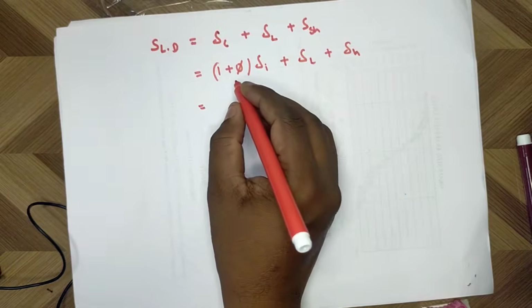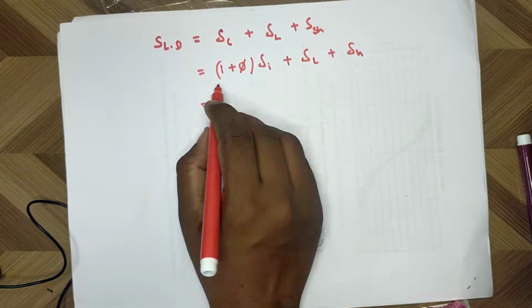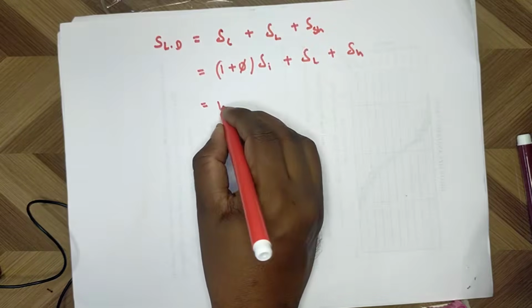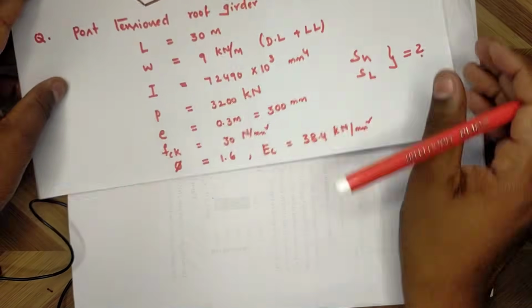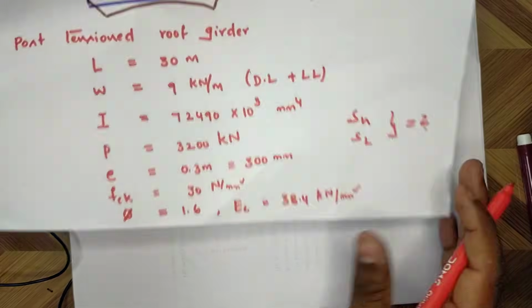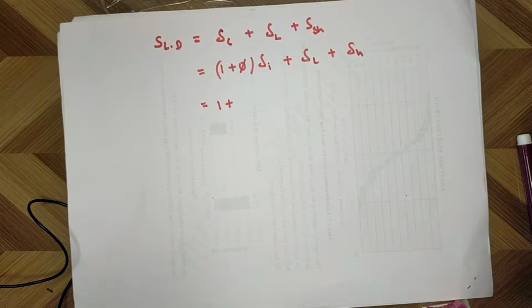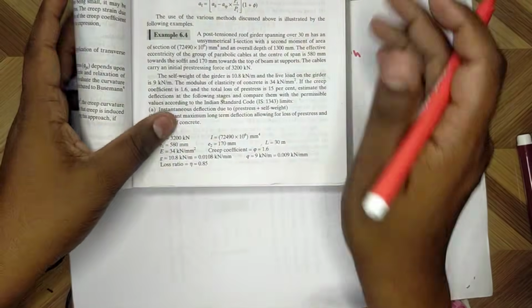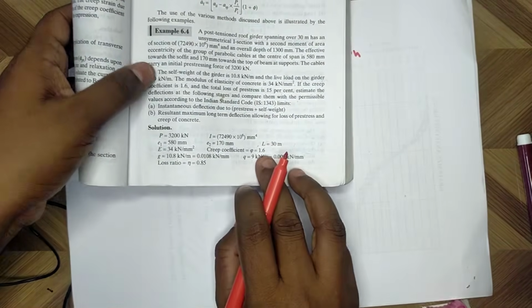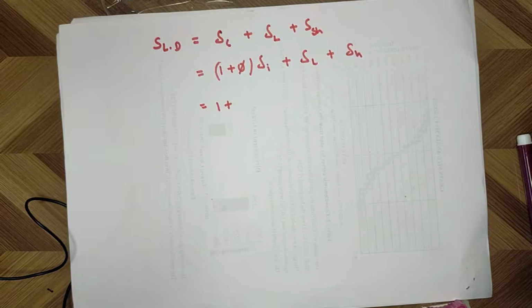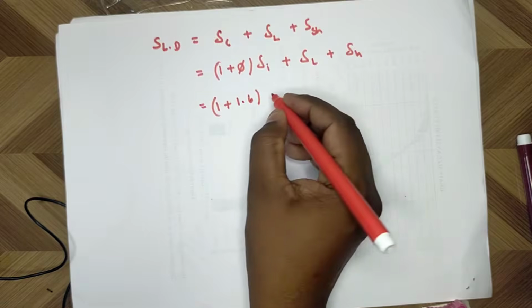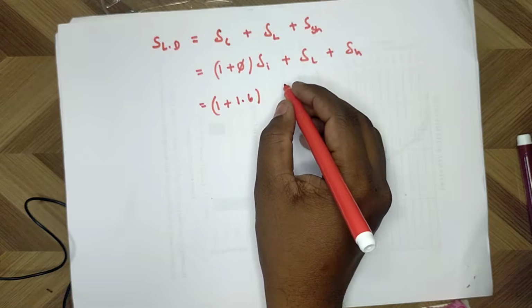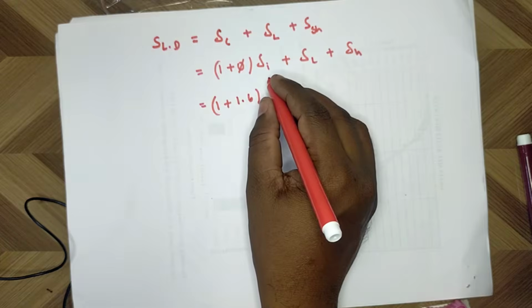Here the pi value is given directly, no issue. Pi value is 1.6 times instantaneous deflection.